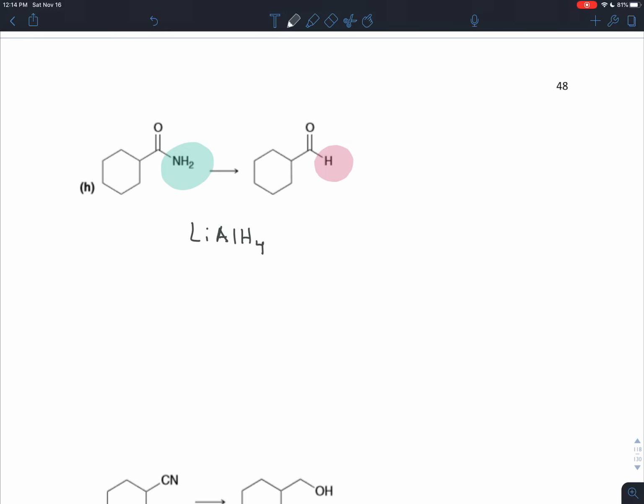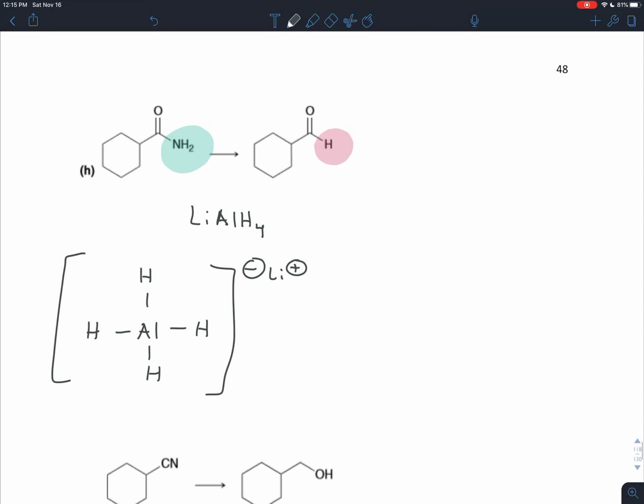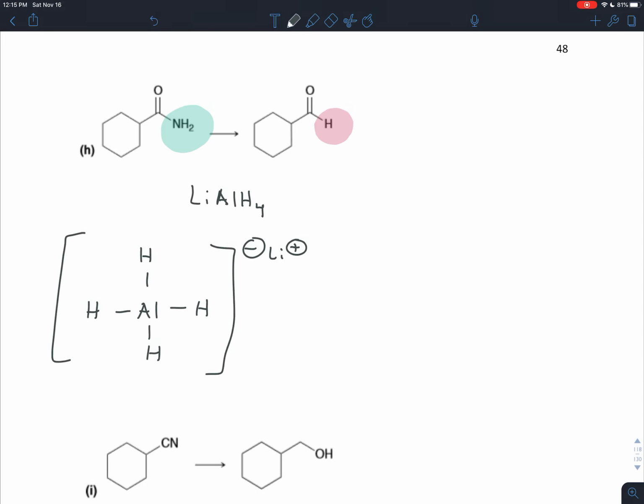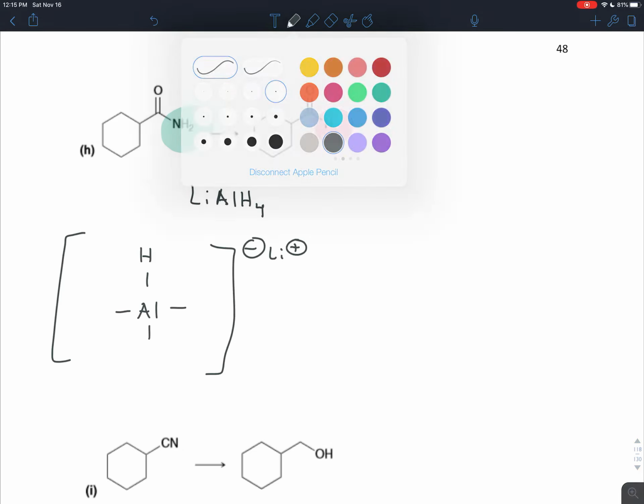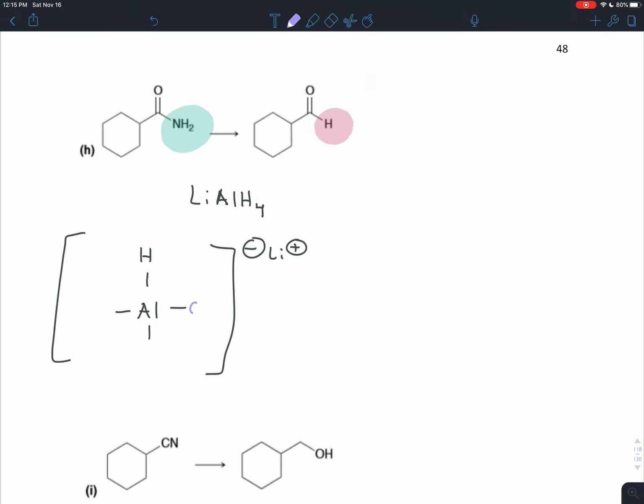What we can use is a weaker reducing agent. If you remember, lithium aluminum hydride is such a strong reducing agent because aluminum has very low electronegativity, and so all of those hydrogens have a lot of electron density on them. But you can make it a weaker hydrogen nucleophile by adding electronegative elements nearby.